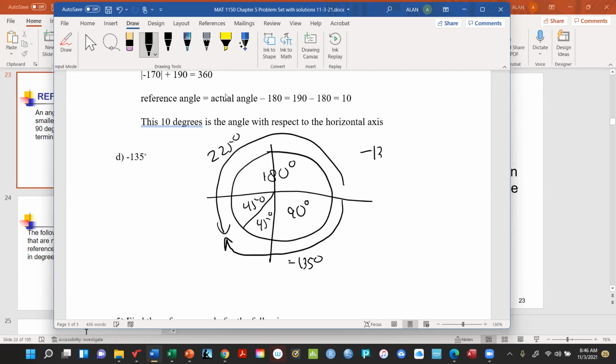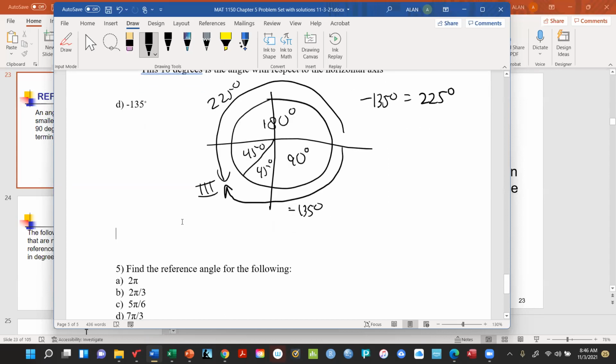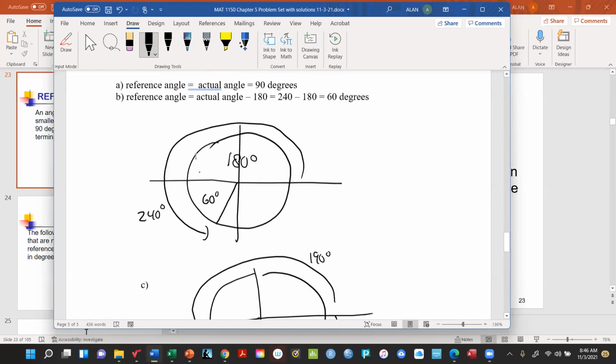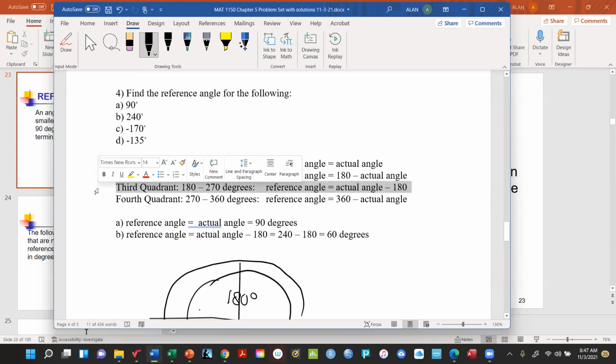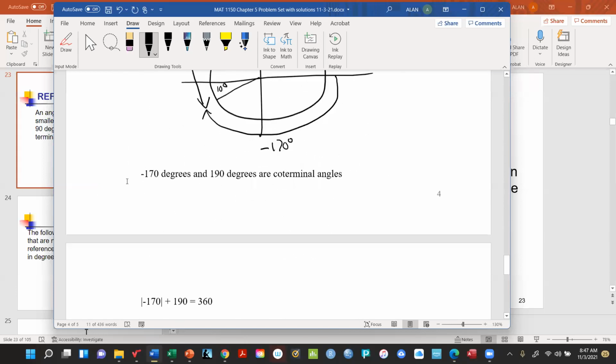So negative 135 is the same thing as 225. And we know that we're in the third quadrant here. So the rule for the third quadrant, let's go copy it, is actual minus 180.